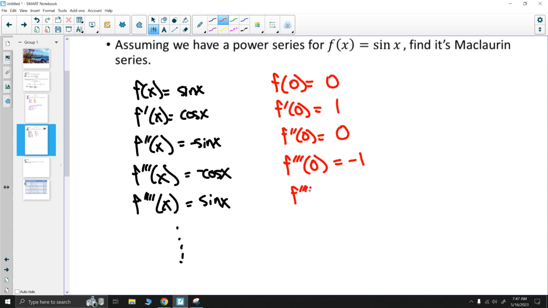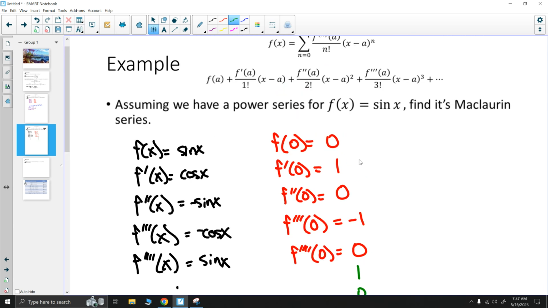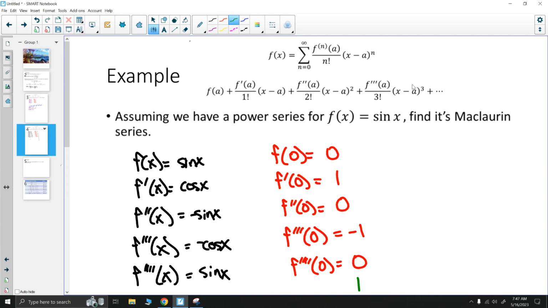F quadruple prime of 0 is going to be 0. So if you notice, we have this pattern repeating: 0, 1, 0, negative 1, 0, then it goes 1, 0, negative 1, 0, 1, 0, and so on. Okay? So we're now going to plug these into our formula.